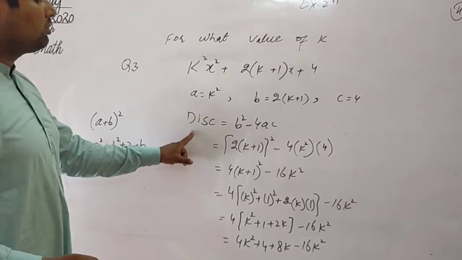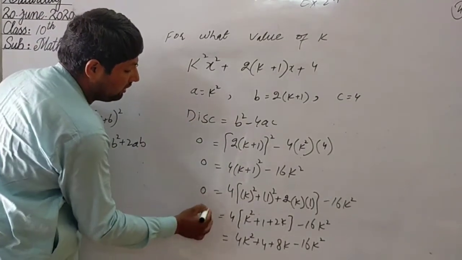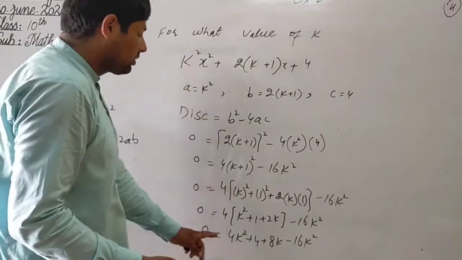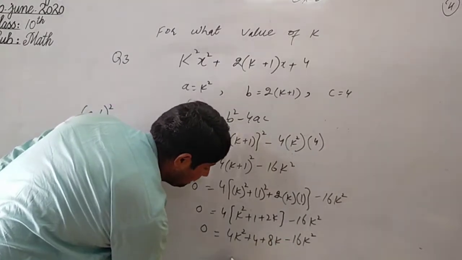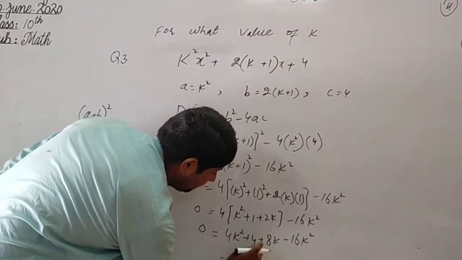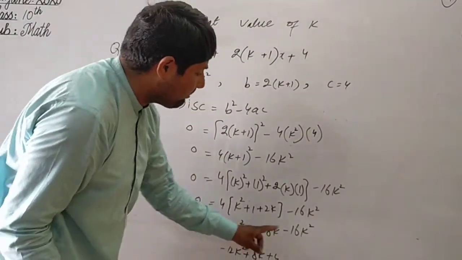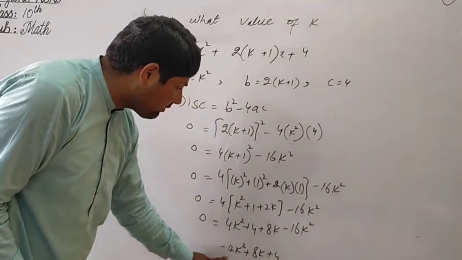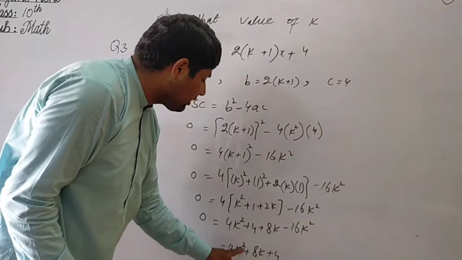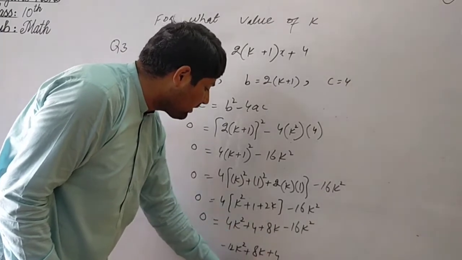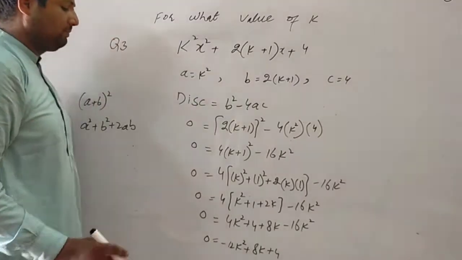When the roots are a perfect square, the discriminant is equal to 0. Put the 0 on the other side. Now solve 4k square and 16k square: 4k square minus 16k square is equal to minus 12k square, plus 8k plus 4. Arrange according to the arrangement: minus 12k square plus 8k plus 4 is equal to 0.